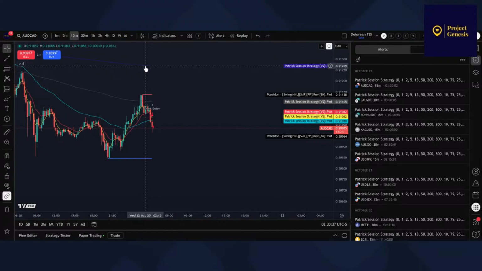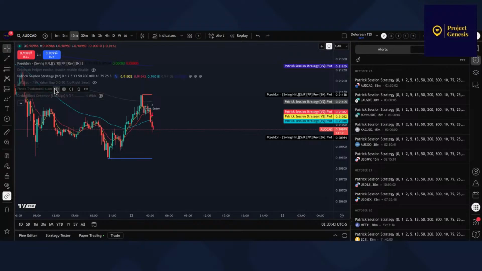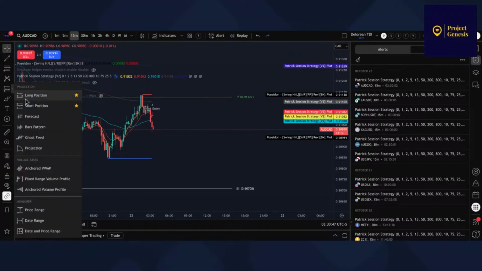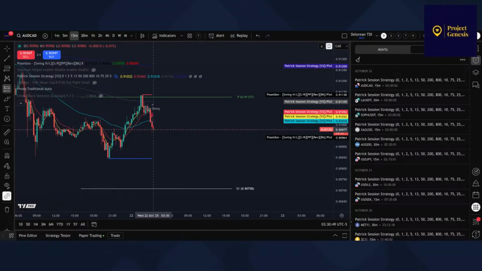All right, blue, gray, aqua. That is a downtrend. Sellers in control of the market. So we're selling to 907.08. It's going to be a short.